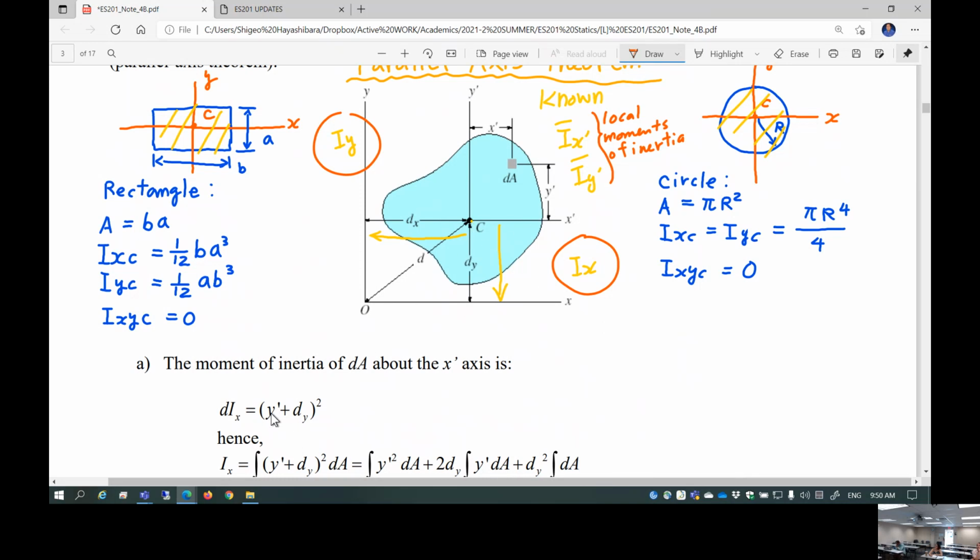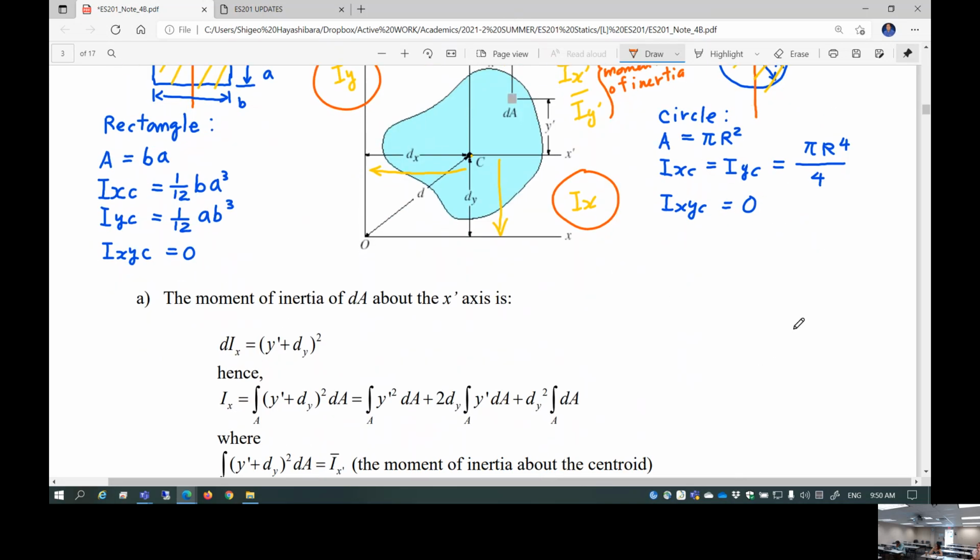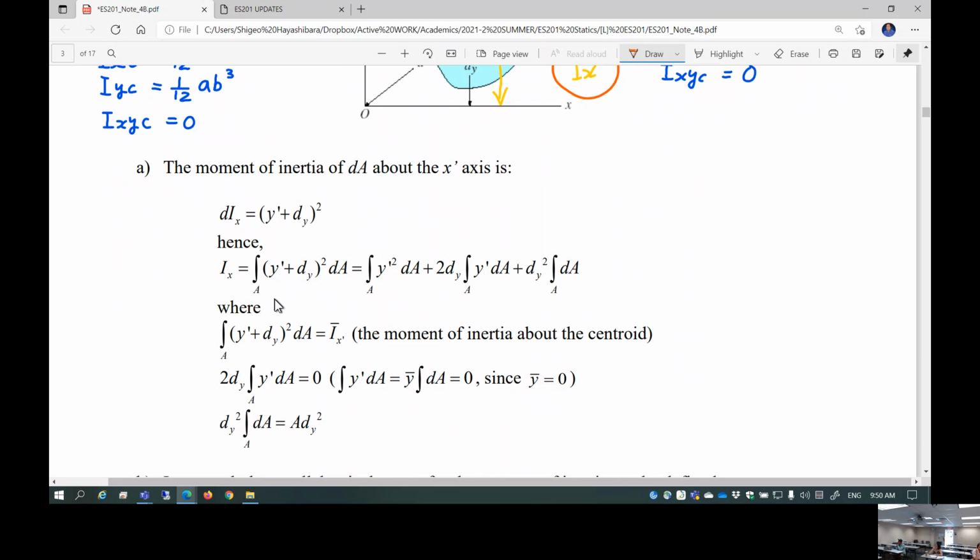This thing squared is going to be dIx. So you integrate this and two components show up. Those two together are Ix prime.